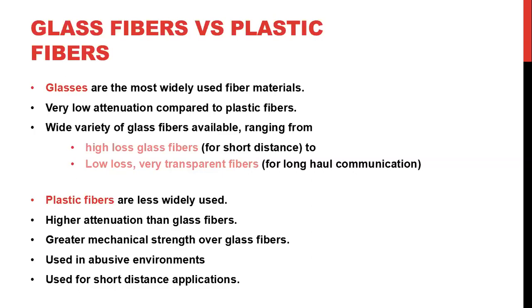When we consider attenuation, glass is offering very less attenuation, while plastics are offering more attenuation losses. Mechanical handling of the glass fibers like gripping and crimping is very delicate, while in the case of plastic, the mechanical handling like gripping and crimping is easy when compared to glass.